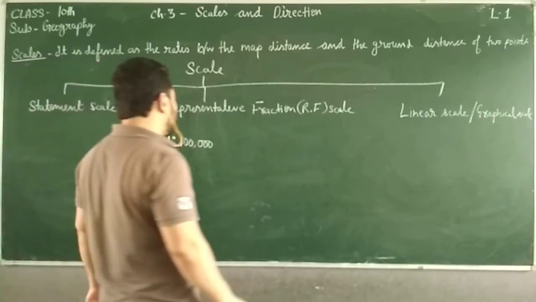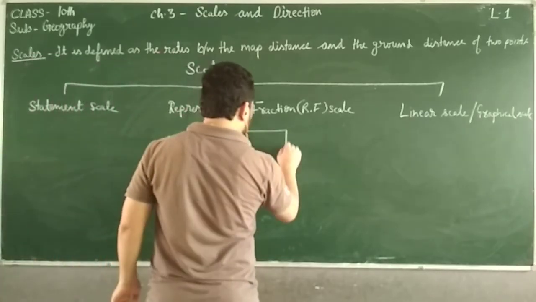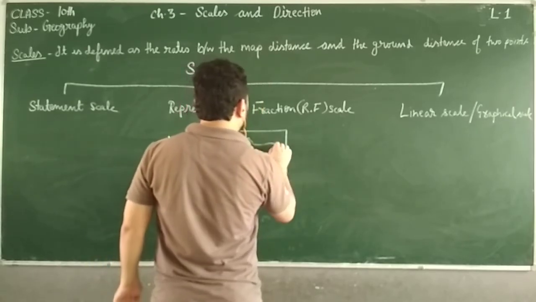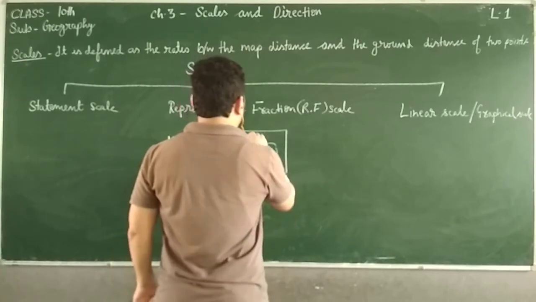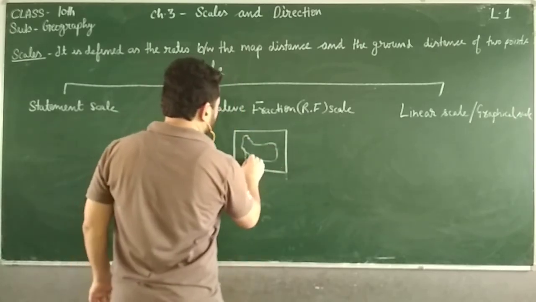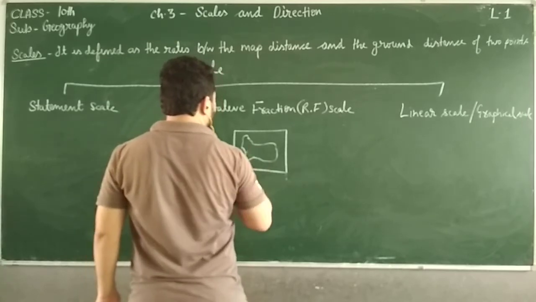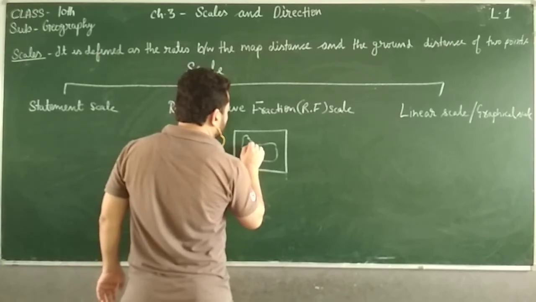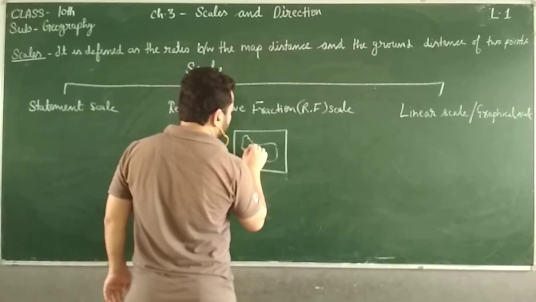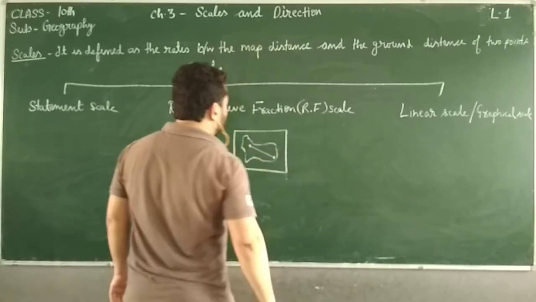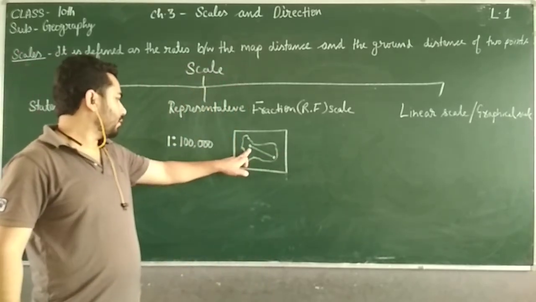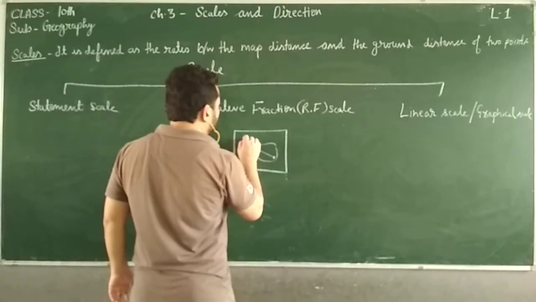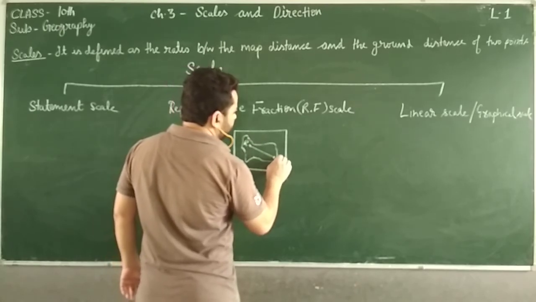Suppose this is the map, and this is UP. On the UP map it is written 1 ratio 1 lakh. This point is R, Rampur, and this is B, Balia.